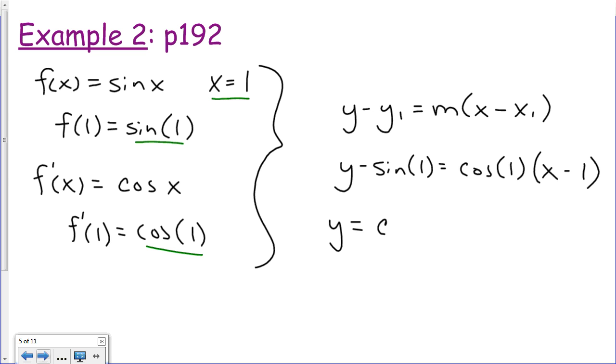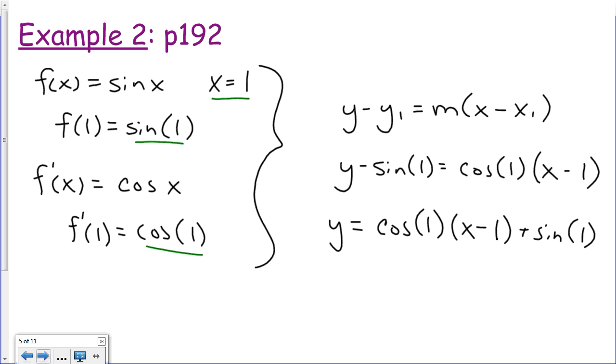Y would equal the cosine of 1 times x minus 1 plus the sine of 1. And I'm going to go ahead and just leave it just like that. If you wanted to multiply the cosine of 1 through the x minus 1, go ahead and do so. But there is our equation of this thing. Okay, that's our linearization. That is what L of x is equal to. Okay. All right, so let's see what they want us to do next. It says use the linear function to approximate f of 1.02.